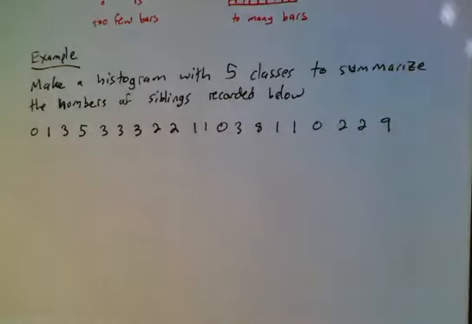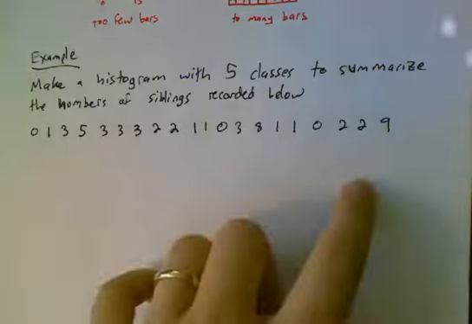Okay. So the first thing that we're going to do is order the data and identify the largest and smallest values. So I'm going to write the steps that we're using over on the side here, and then do the example over here.